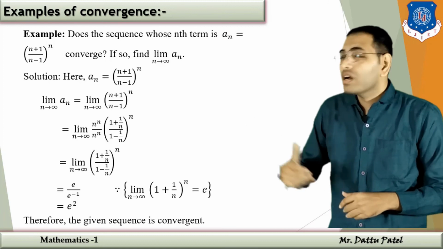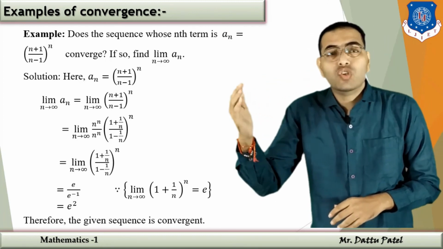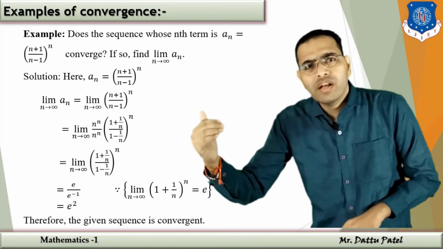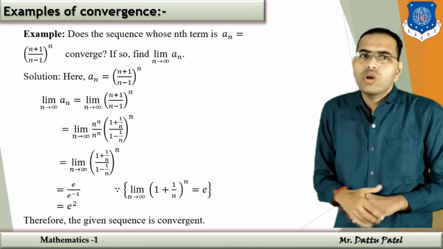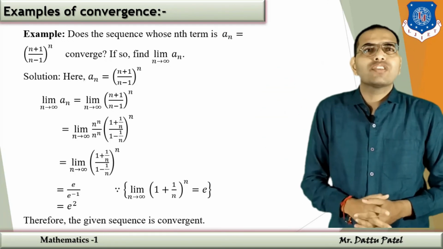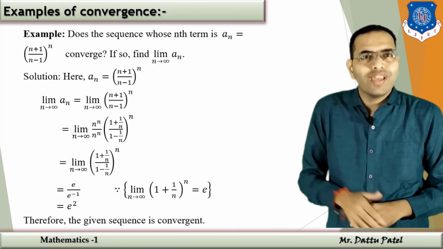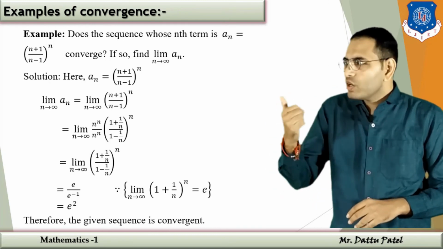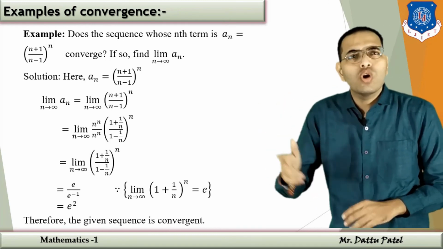In this term, n raised to n is common in the numerator and denominator, and it cancels out. Then we get limit n tends to infinity (1 plus 1 upon n) raised to n in the numerator, and (1 minus 1 upon n) raised to n in the denominator.